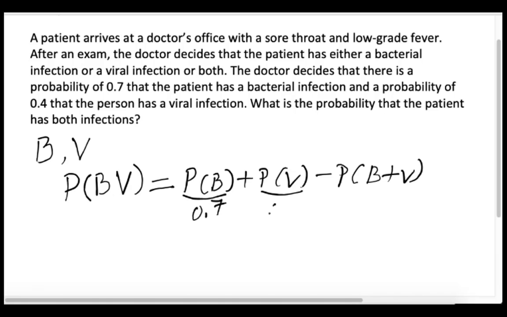This is 0.4, and the last one will be 1 because the doctor said that the patient should have at least one infection. So after all, you get the answer 1.1 minus 1, so you get 0.1.